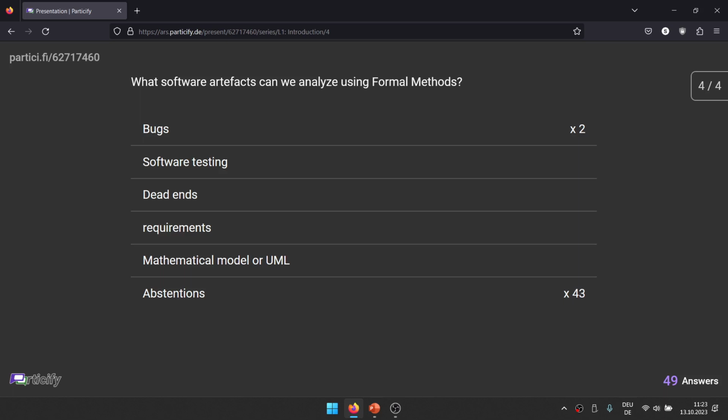One of the very common artifacts of formal methods in software is actually programming code. There are lots of tools that try to analyze programming code, for example, whether there are any issues in the heap memory.